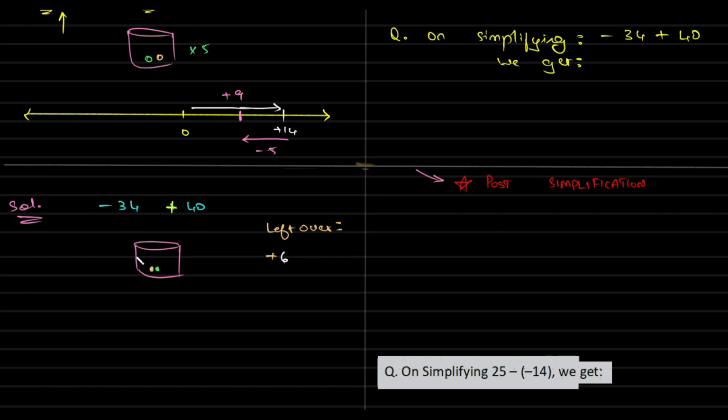I would like to talk in terms of number line as well. So we have a number line. We have 0. Minus 34 is to the left, while your plus 40 is to the right, and I will cross 0 because, well, you know why.